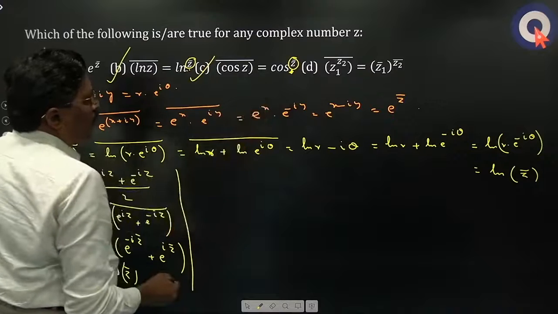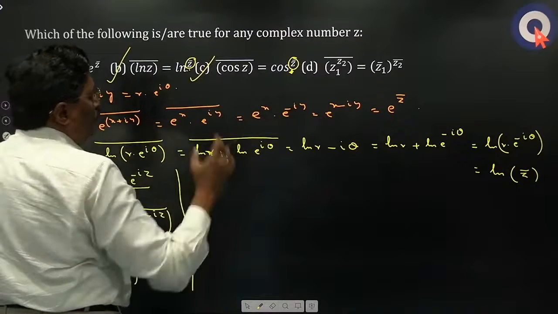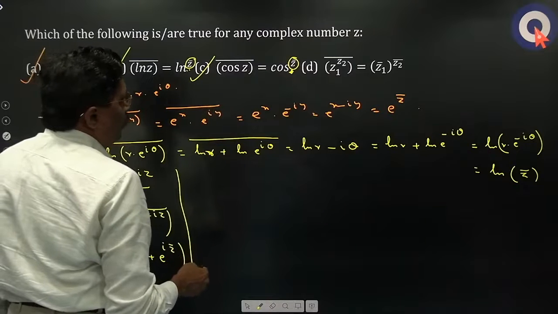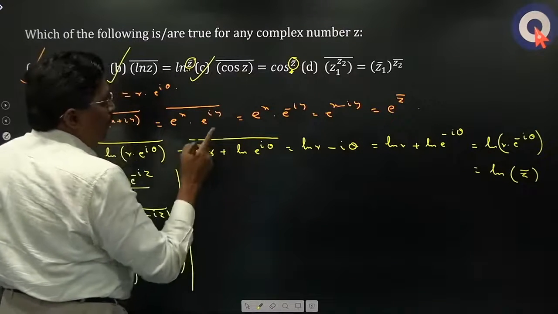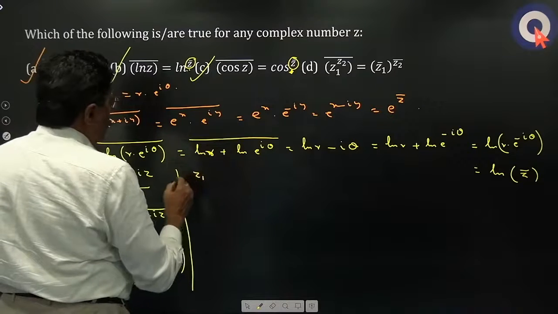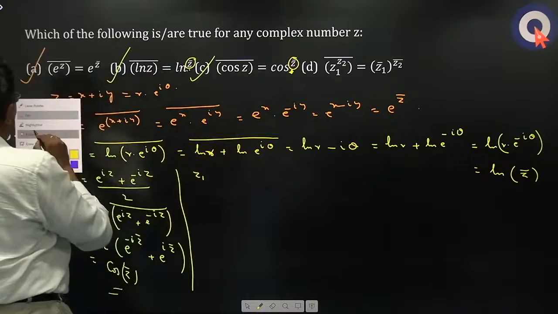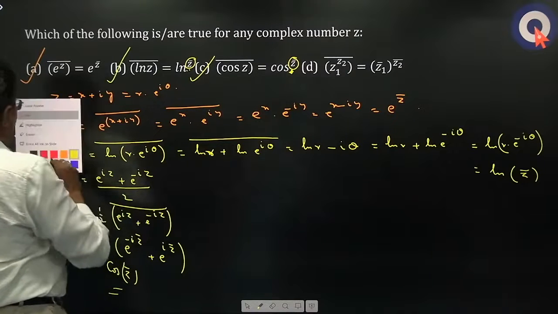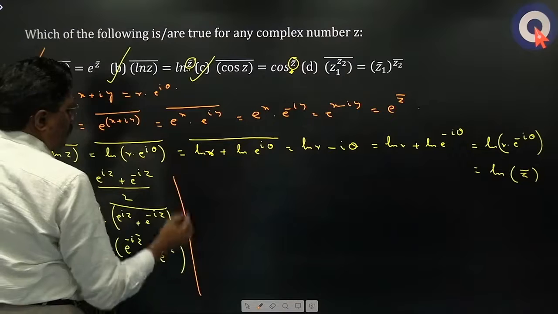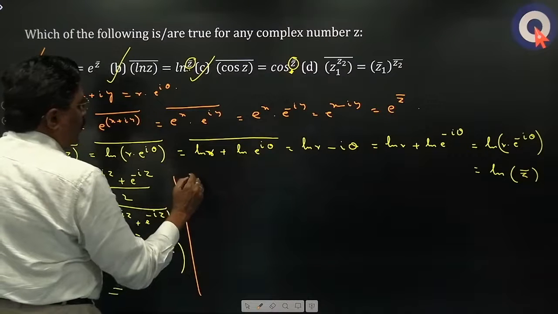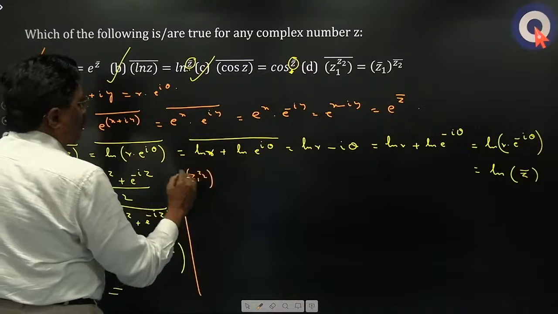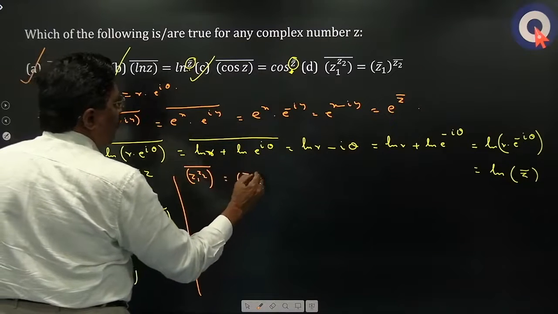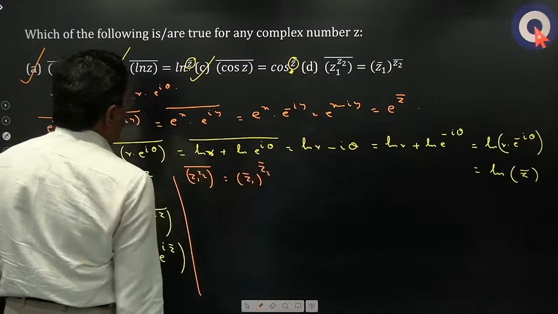Next, z1 power z2, that conjugate. We have to prove that the conjugate of z1 to the power z2 is equal to z1 conjugate to the power z2 conjugate.